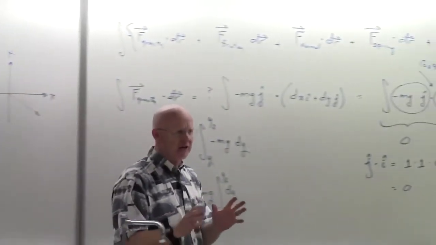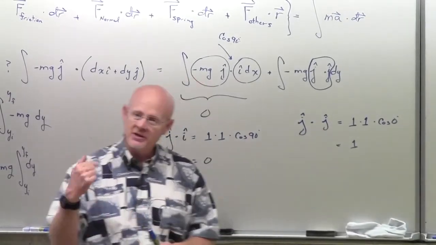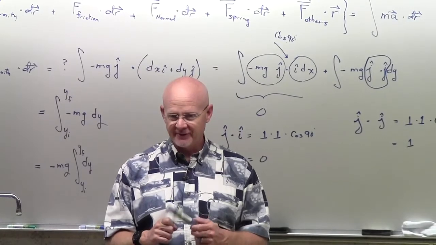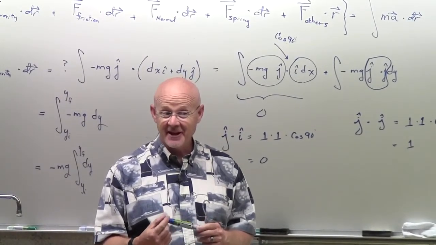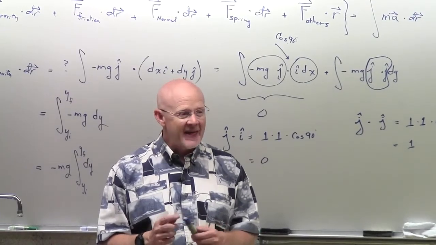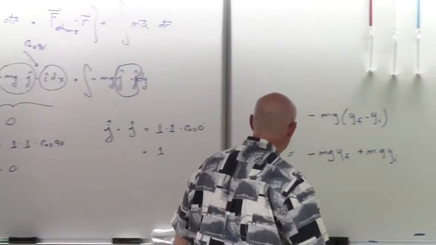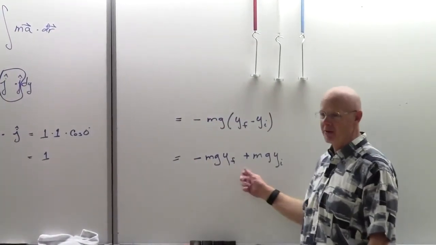Maybe that's so obvious I don't need to mention it, although I really want to mention it for the other side of the coin. Did I define where y equals 0? I really haven't, have I? That's going to become really nice because, like in any problem, what if we called the starting point or the ending point y equals 0?